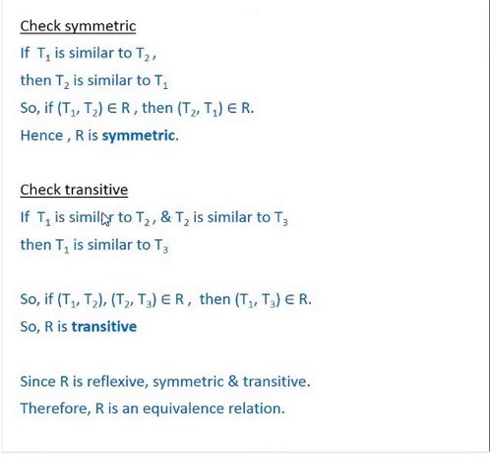So if T1 is similar to T2 and T2 is similar to T3, then T1 is similar to T3, and therefore the relation is transitive. Since R is reflexive, symmetric and transitive, R is an equivalence relation.